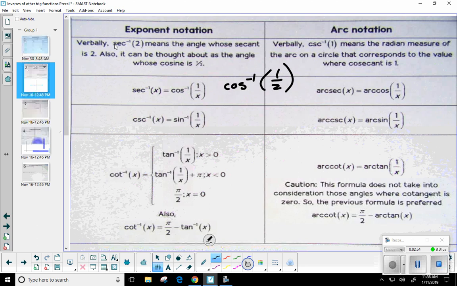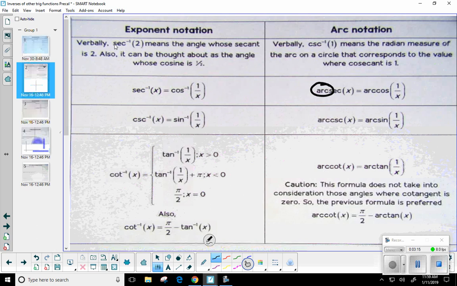Now, one other thing I do want to point out, if you're looking at your notes, the left column versus the right column, some of these have the word arc in front of them. That's just a notation. If you ever see a trig function with the word arc, A-R-C, right in front of it, that's just telling you we want to take the inverse. It's just another way of writing it.